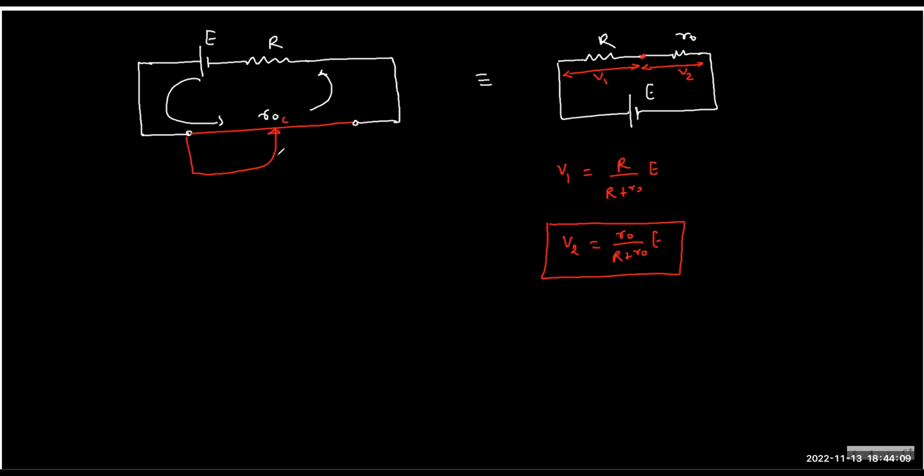So C can go up to where? This end. It cannot go beyond this, yes or no? Yes, sir. So in the worst case scenario, what is the maximum EMF we can measure? V2. Do you realize this? Yes or no? Maximum EMF.